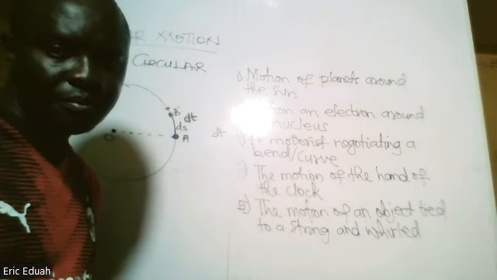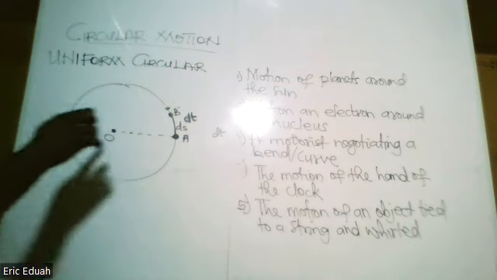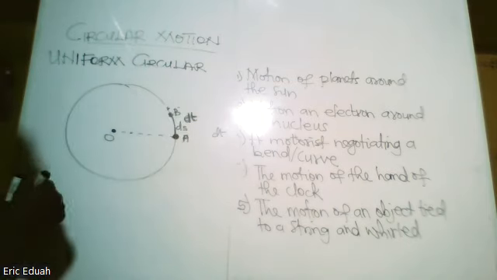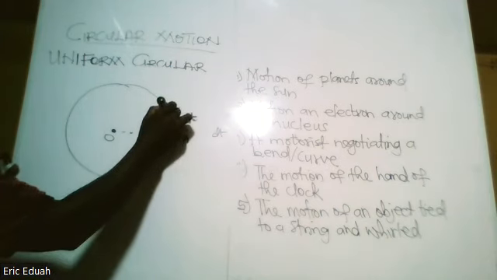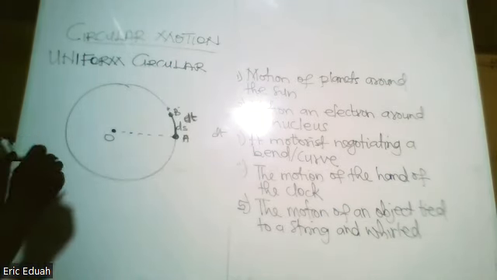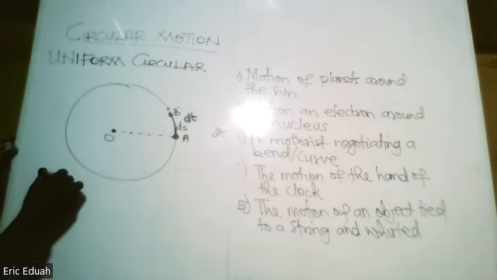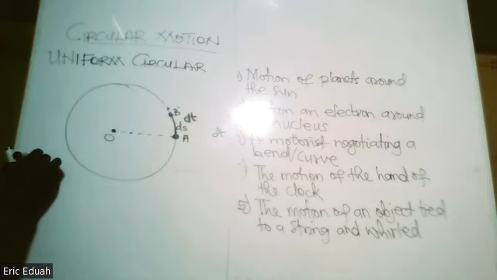Okay. Now, the observation is that the linear displacement within the circumference of the circle also subtends a certain angle at the center.